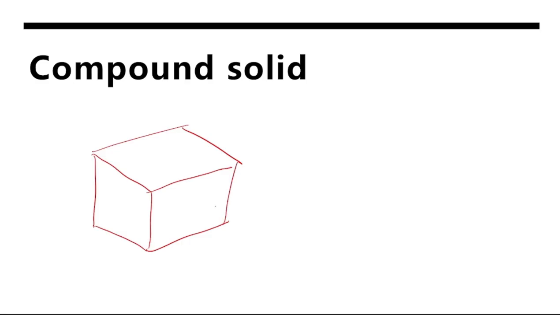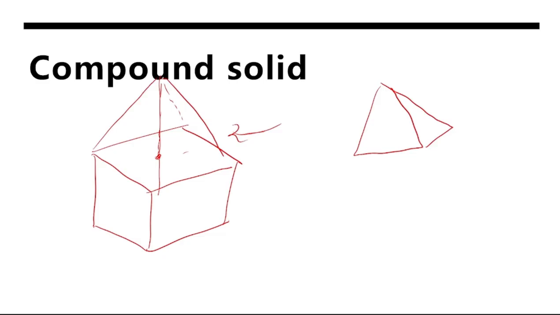Now compound solid. It's similar to compound shapes. For example, we could have a cube with a pyramid on top. So for the surface area, if we have the net of this shape, we'll have the pyramid, the 4 triangles.